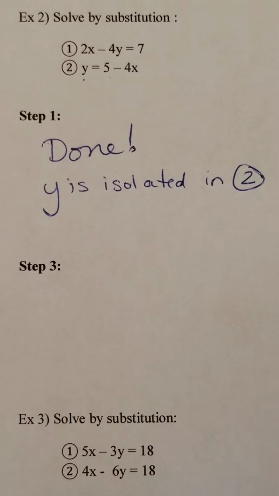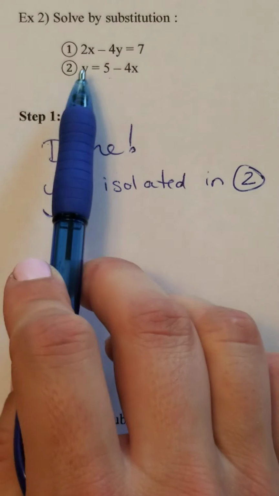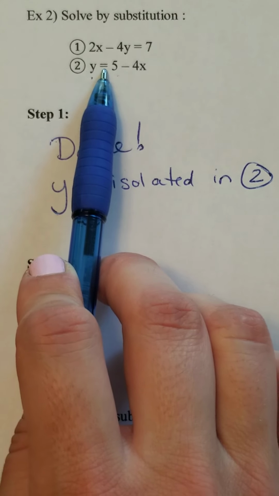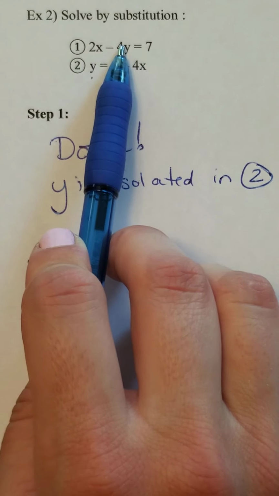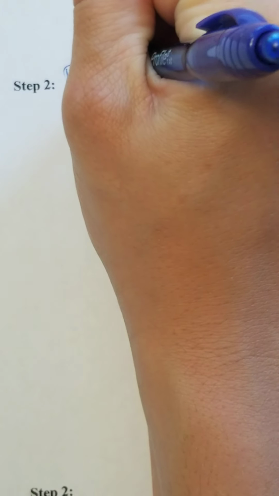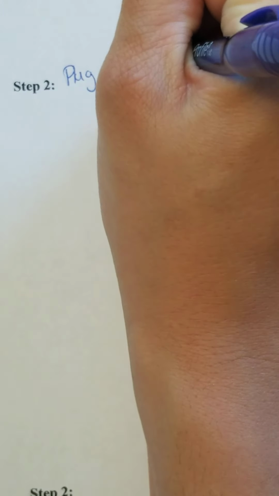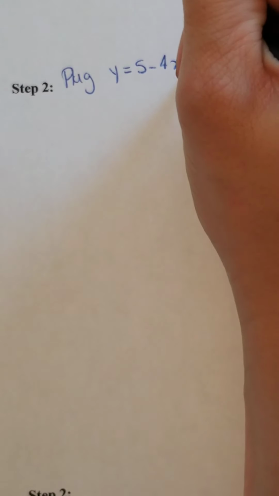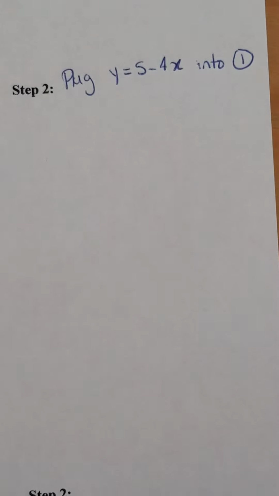Okay, so step 2 is to take the equation that's isolated and plug it into the other one. So step 2 is plug y equals 5 minus 4x, that's our isolated equation, into the equation we haven't used yet, which is 1.